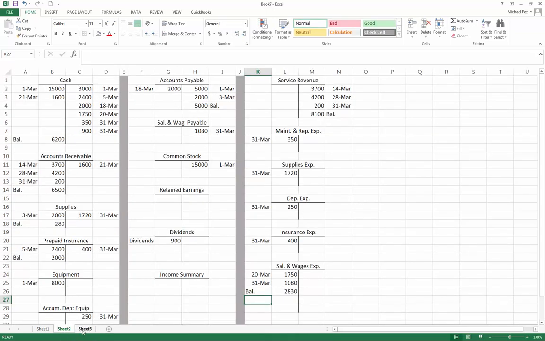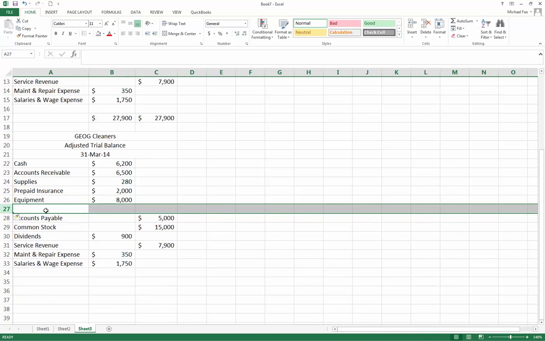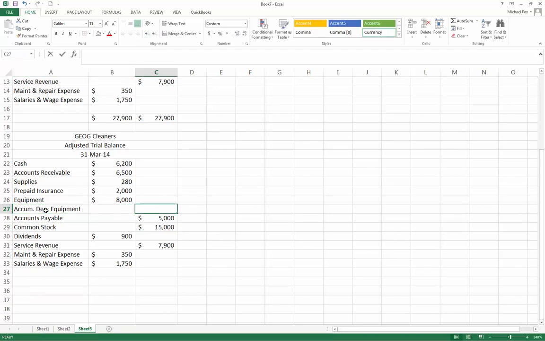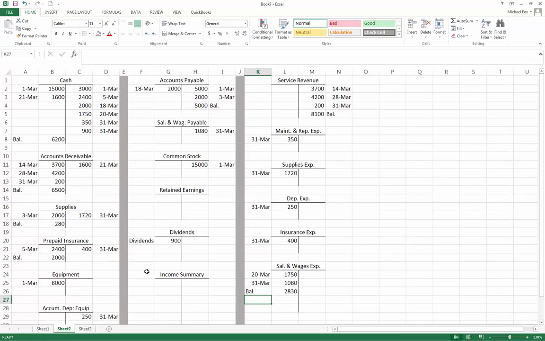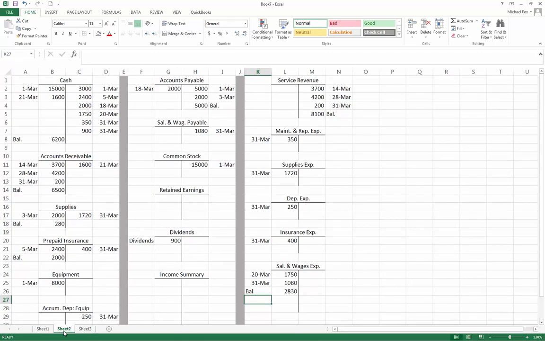Equipment is still $8,000, but now we have an accumulated depreciation on equipment account. So I'm going to have to insert the balance of $250. Accounts payable has a $5,000 balance. That's still good. Common stock still $15,000.